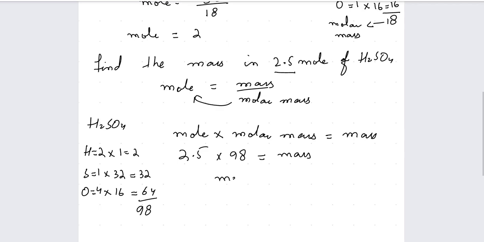So you can easily find the mass of H2SO4 in 2.5 mole. Let me use the calculator. 2.5 times 98 is equal to 245, and gram is the unit of it.